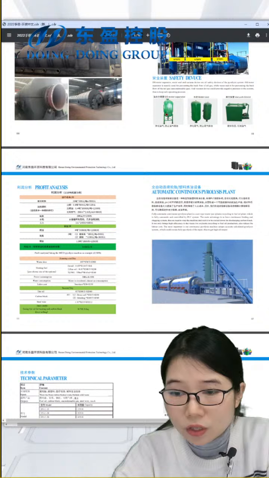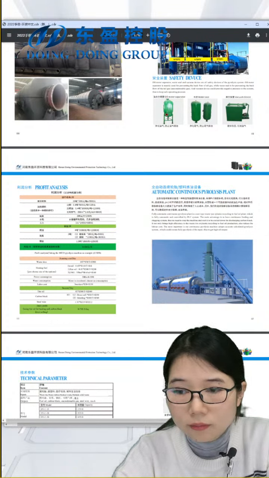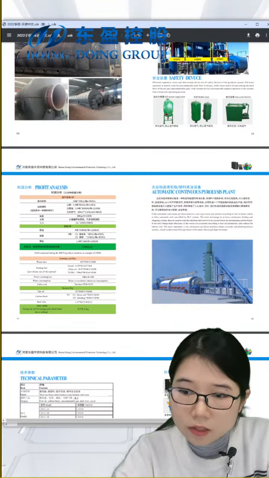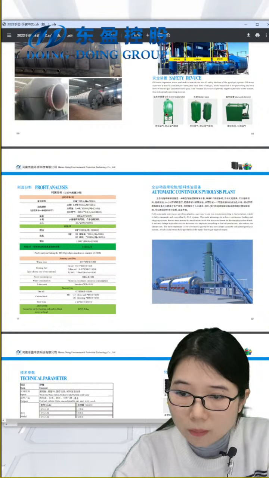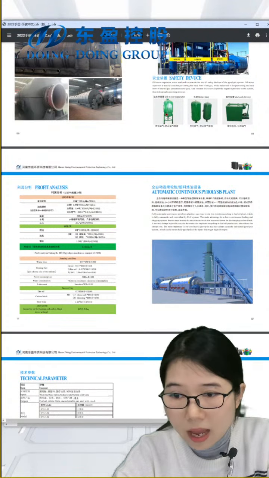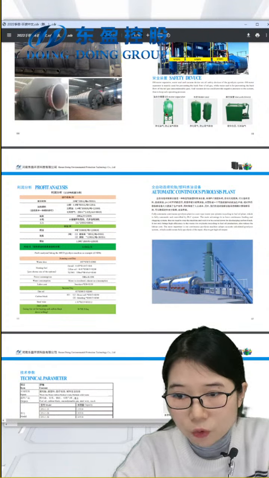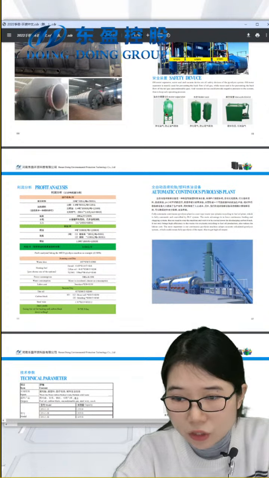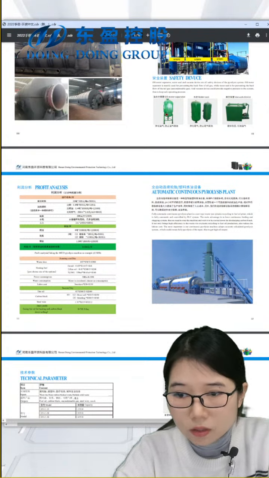It will be better. If your car's engine is Euro 2 or Euro 3, maybe you can use it for your car. But if your car has a Euro 4 or Euro 5 engine, you cannot use the diesel in your car directly. It is better to mix it with some standard diesel.